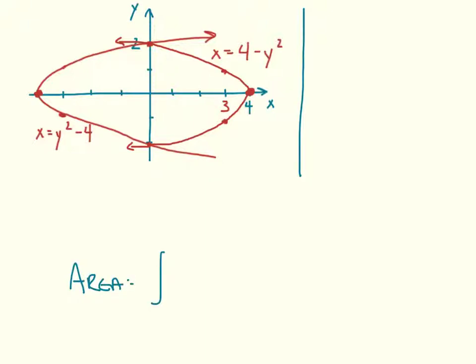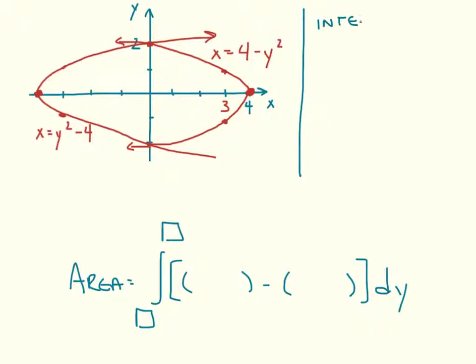I need a lower bound and an upper bound. These need to be in terms of y. And then I need to know what shape is to the right minus whatever shape is to the left, and all of this needs to be done with respect to y. So the first thing we should do is figure out what these bounds are. While we can tell from the picture in this case, based on the points we plotted, let's pretend that we don't see those intersections, and we need to figure those out manually.